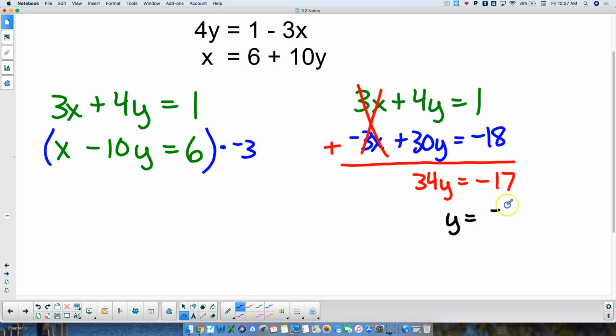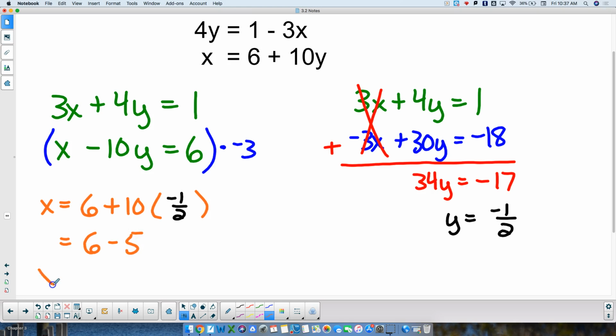Gives me y equals negative 1/2. If I have y equals negative 1/2, I'm going to put it into my second original equation. Negative 1/2 times 10 is negative 5, so I get x equals 1 there.